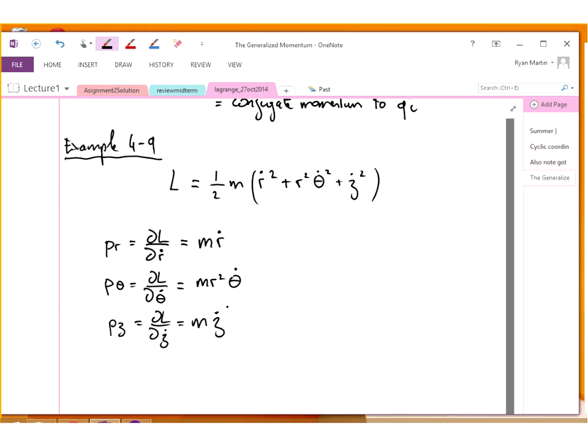So let's look at our Lagrangian and see if there are any cyclic coordinates. Theta and z are cyclic, but r is not cyclic, because r appears in the r squared theta dot squared term, right? So that means p_theta and p_z are constants.